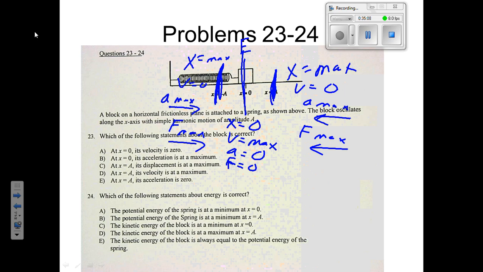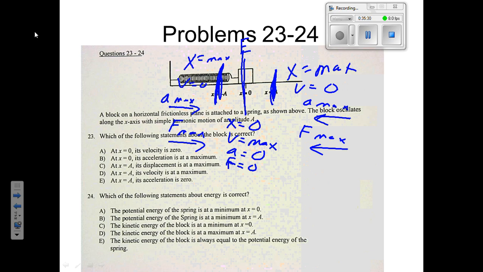Choice A, at x equals 0, its velocity is 0. Is that true? It's not true, it's at a max. At x equals 0, its acceleration is at a max. It's 0 there. That's not true. At x equals a, its displacement is at a maximum. That is true, right?